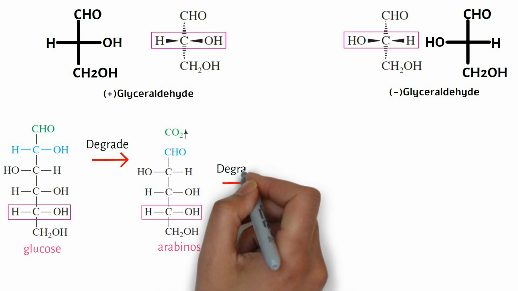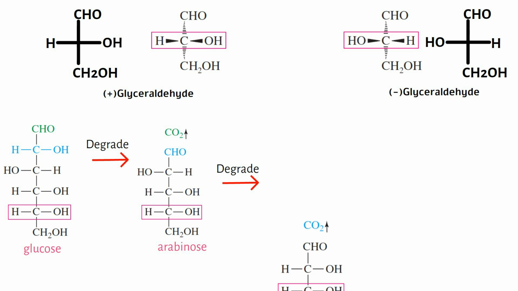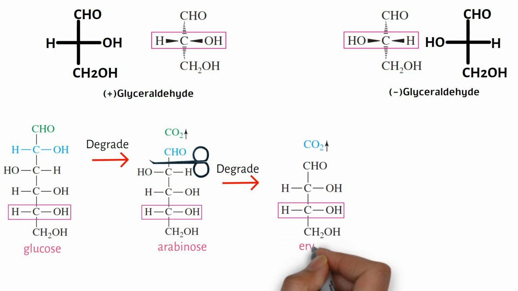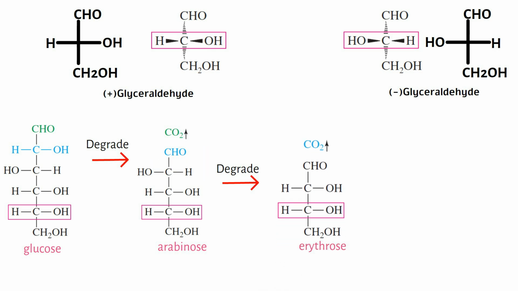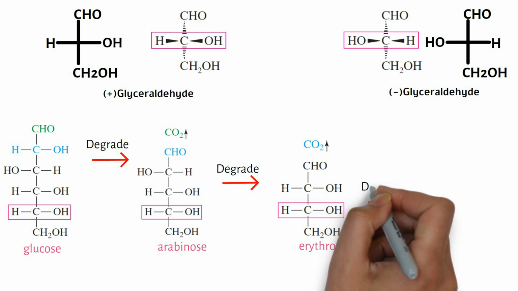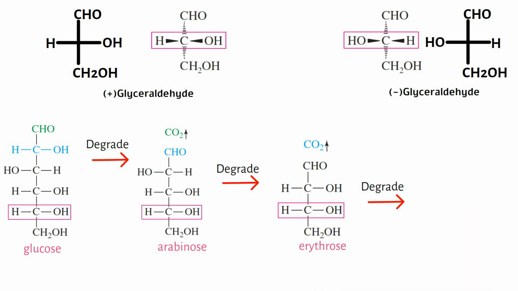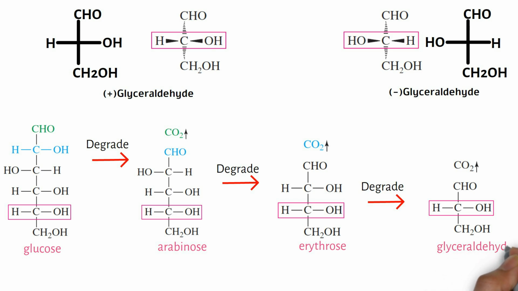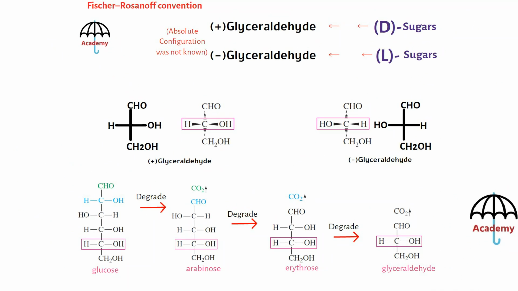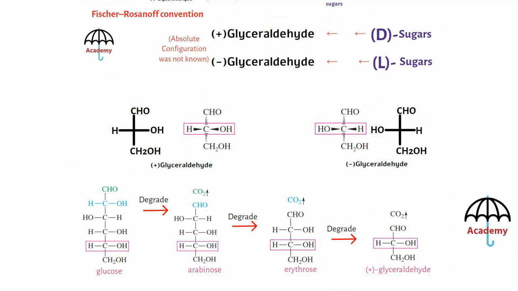Similarly, if you degrade this 5-carbon sugar, the aldehyde carbon is removed as carbon dioxide, and it is converted into 4-carbon sugar called erythrose, which can in turn degrade, via the same sequence, into 3-carbon sugar called glyceraldehyde. This was dextrorotatory form of the glyceraldehyde.